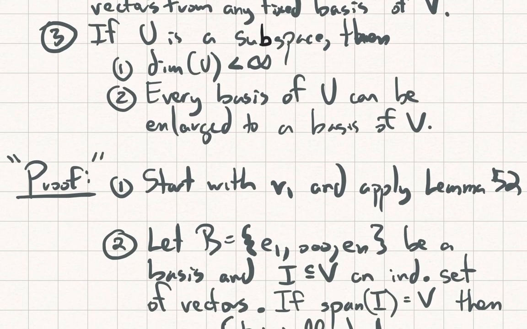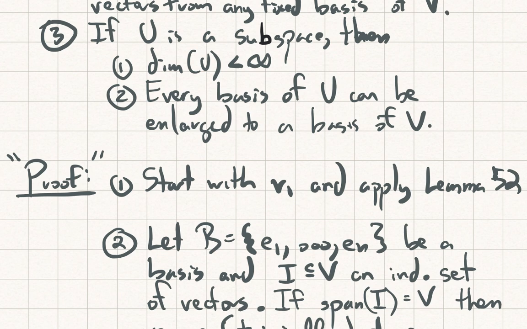For the first thing, saying that the dimension of V has to be at most m, start with v1 in our set and just apply lemma 5.2 over and over again. Just keep adding vectors to your set until you have a basis.